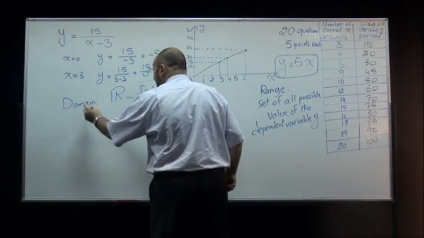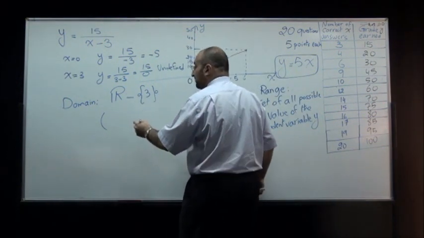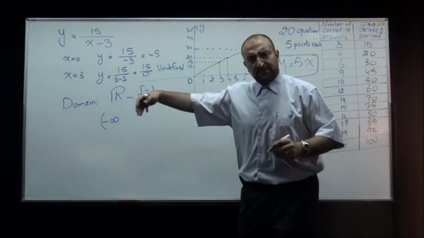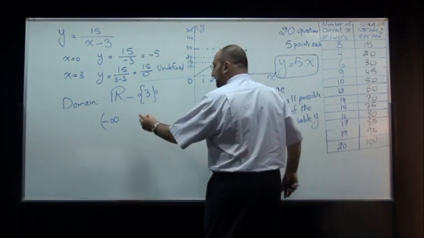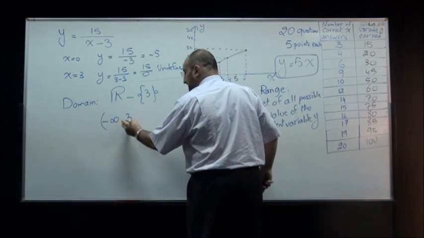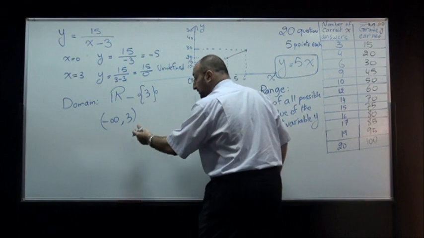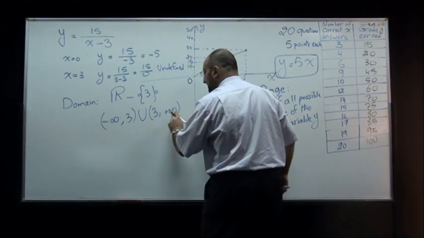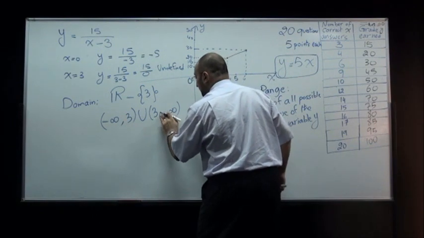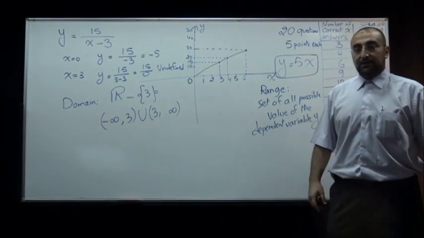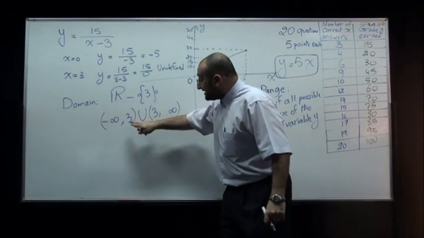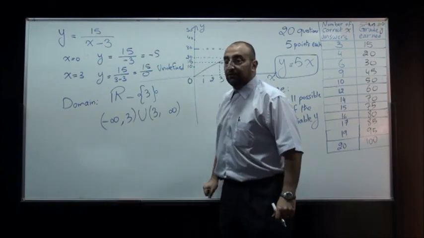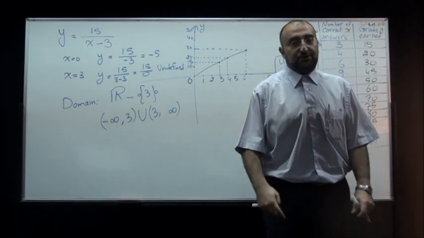Or I can say the domain of x is the set of possible values, everything from negative infinity, the smallest possible number you can think of, until 3, but 3 is not included, and from 3 to positive infinity. Some books use only infinity to represent positive infinity. And so this means all the numbers except the 3. The parentheses means that this boundary of the interval is excluded from the solution.